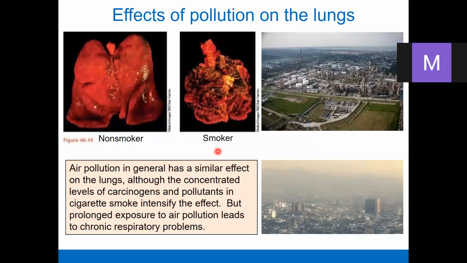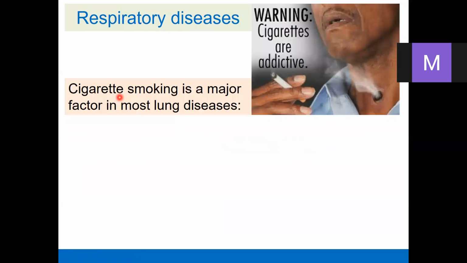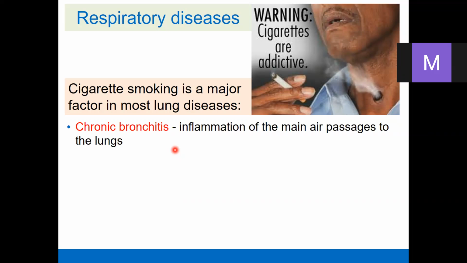As you see here, the effect of pollution on our lungs, the lung of a smoker and the lung of a non-smoker. Cigarette smoking is a major factor in most lung disease. It affects our entire body, but especially our lungs. It causes chronic bronchitis.